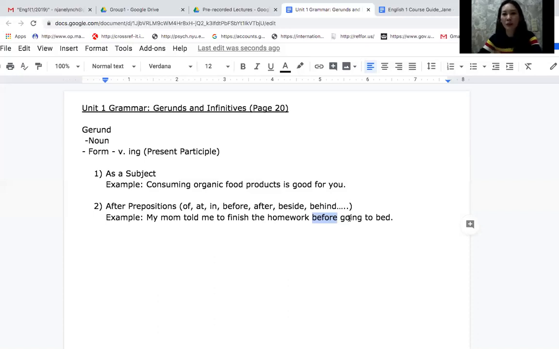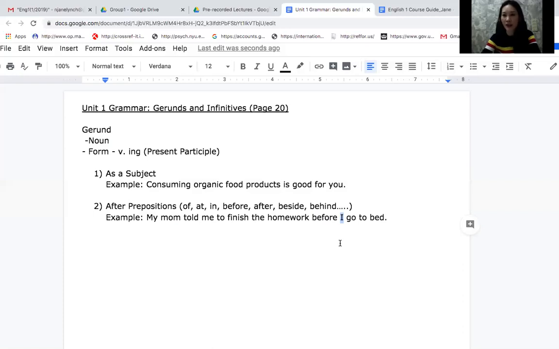So when we say before I go to bed, if you don't want to change this verb into a noun or ing or gerund, there's another way you can do. Just add I: before I go to bed, which is okay. Why is it okay? Because I is a person and I is a noun.